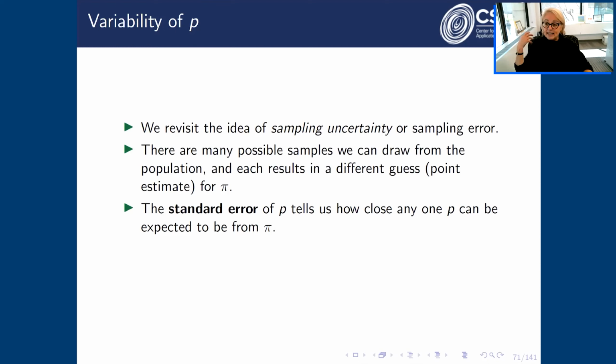So if I think conceptually about drawing many different samples from this population, and in each one computing the statistic p, then I know there's going to be variability from sample to sample. In one sample, I might get p equals 0.5. In another one, I might get p equals 0.38.